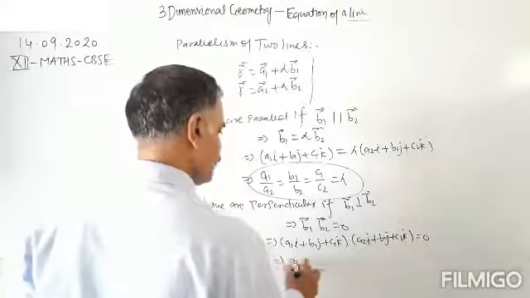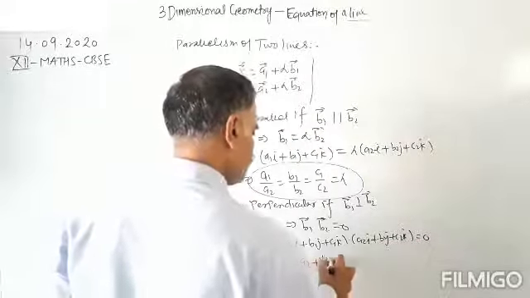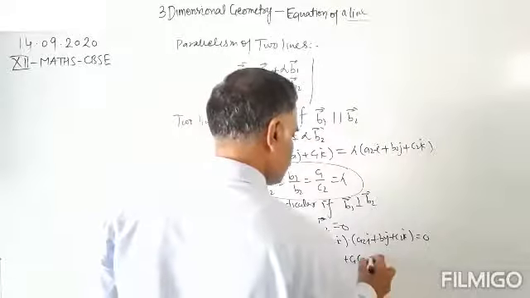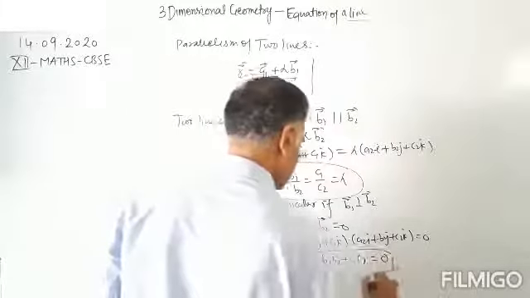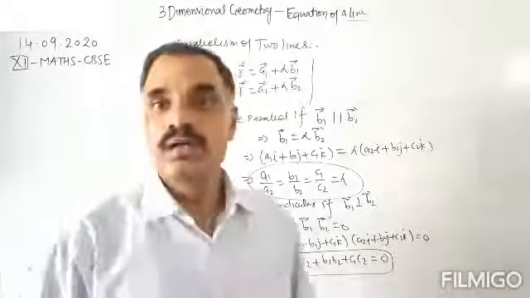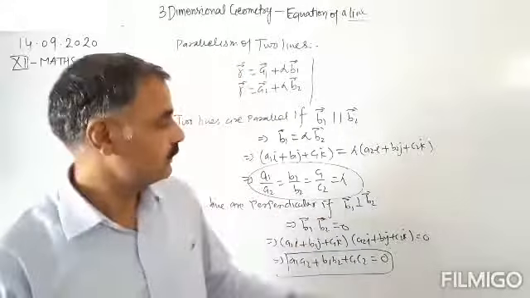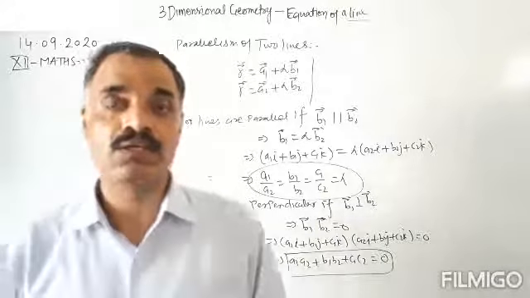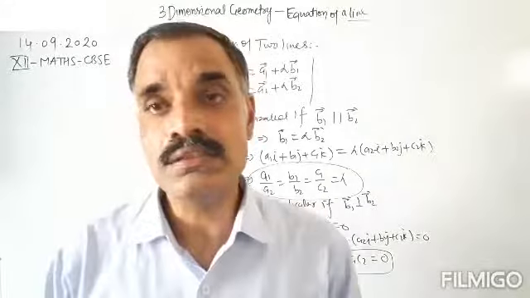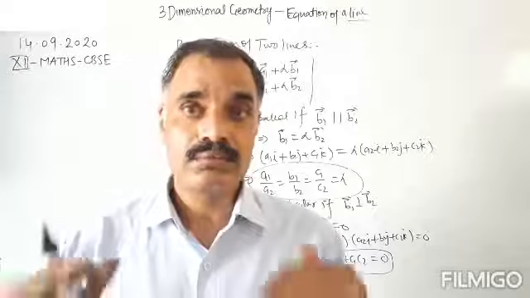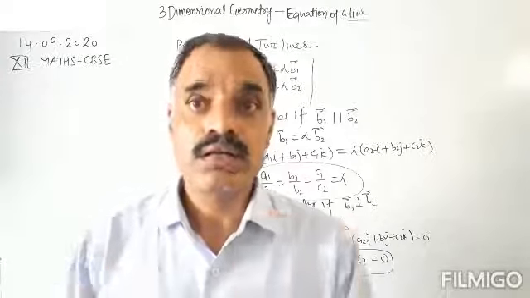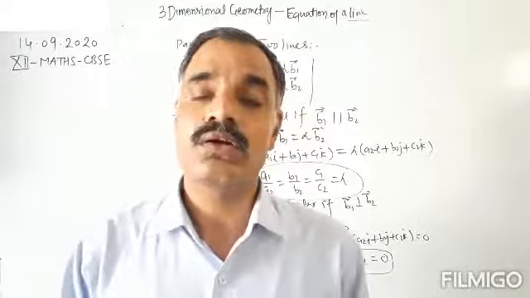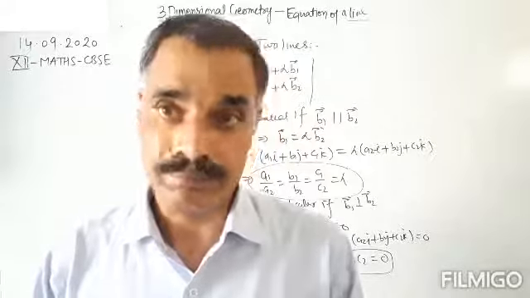It means a1 a2 plus b1 b2 plus c1 c2 equals 0. This is the condition of perpendicularity of two lines, and the earlier one is the condition of parallelism. In this way we can show whether the given two lines are parallel or perpendicular.